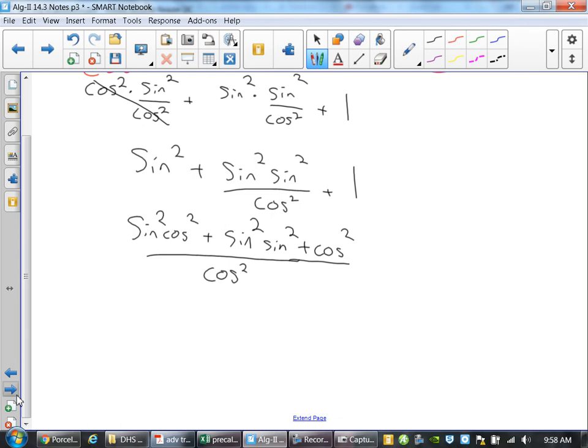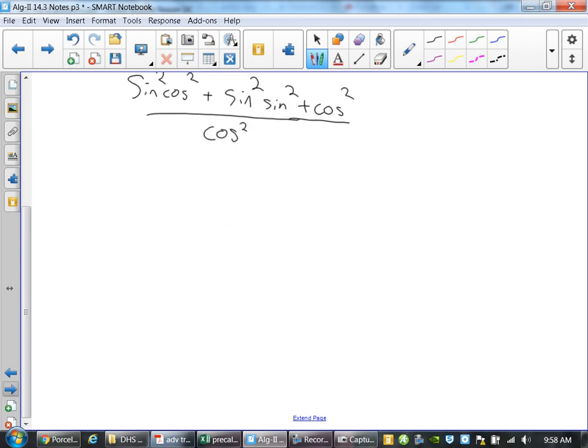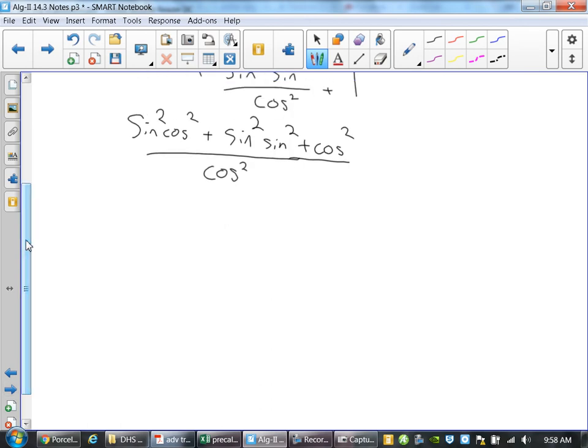Yes, because cosine squared times 1 is cosine squared. Hey, sine squared plus cosine squared is 1. And then the other one. Ah, careful though. They're connected, they're addition. You gotta find a common denominator.